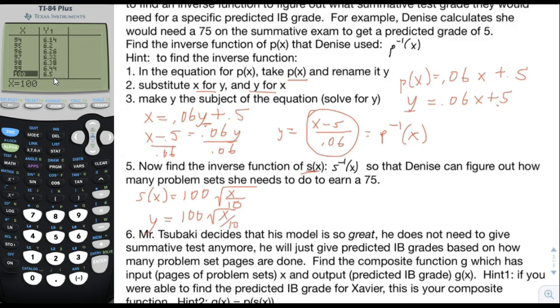And now what we're going to do is invert the x's and y's. Okay, and then we're going to solve for y. So we're going to get y by itself on the left side. How do we do that? Well, first we're going to divide both sides by 100. Oh, I'm sorry, this is not 100, it's 10.